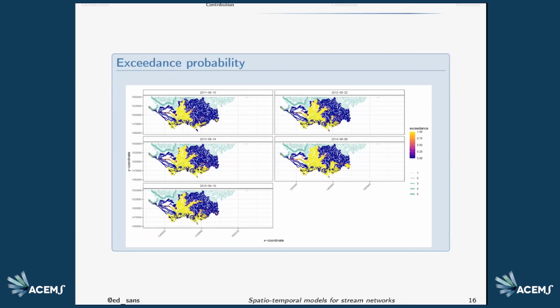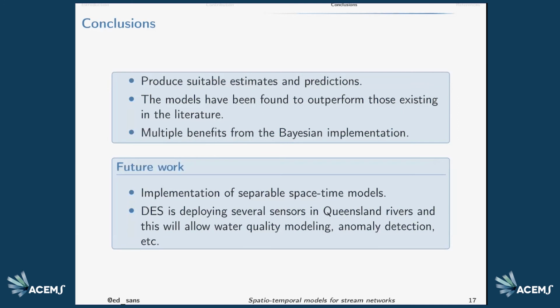Summing up, so far we have found that these models produce suitable estimates and really good predictions. We have found that they outperform some models that we find in the literature. As future work, we are working on the implementation of separable space-time models, and some other covariance structures to account for space and time dependence.